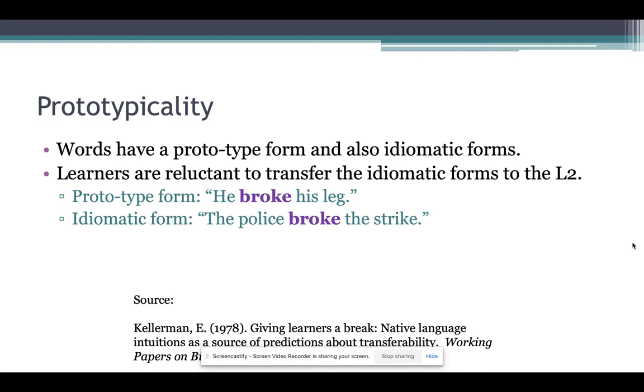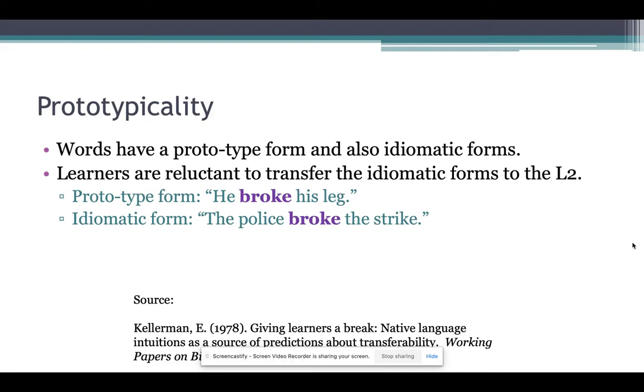Research on prototypicality theory shows that a language learner would be likely to use his L1 to translate the literal form of the word, but not likely to use his L1 to translate the idiomatic form of the word. So, for example, SLA researcher Eric Kellerman found that Dutch people learning English were willing to use the English word break the same way they would use the Dutch word breken in a sentence, like he broke his leg.